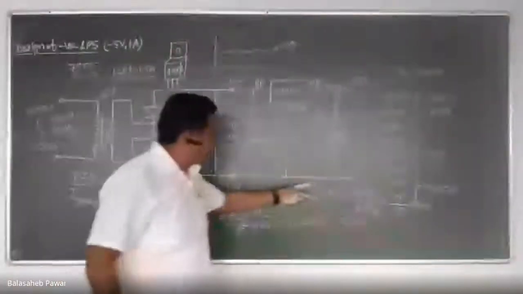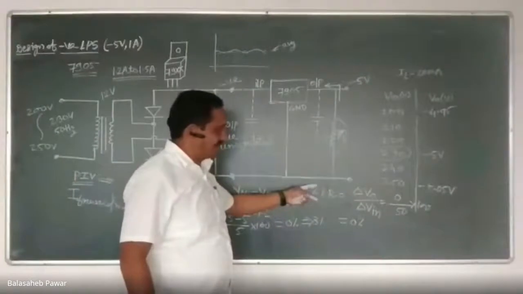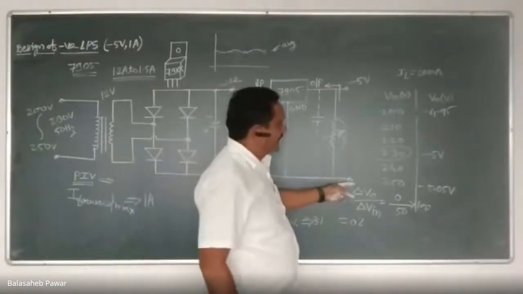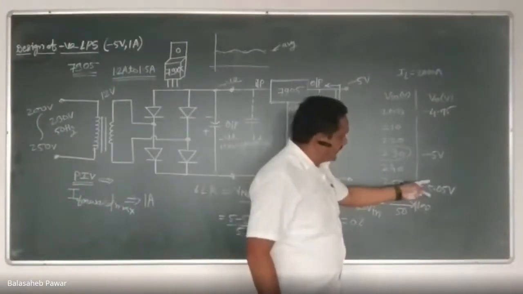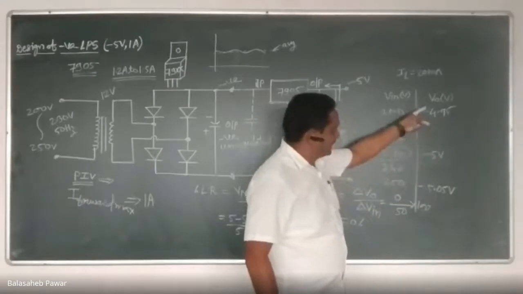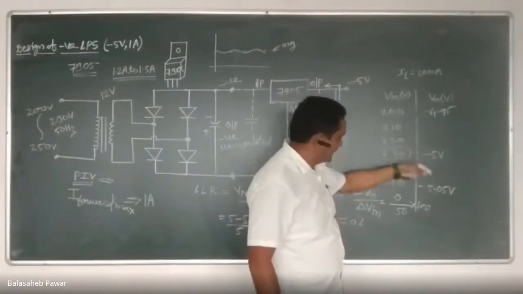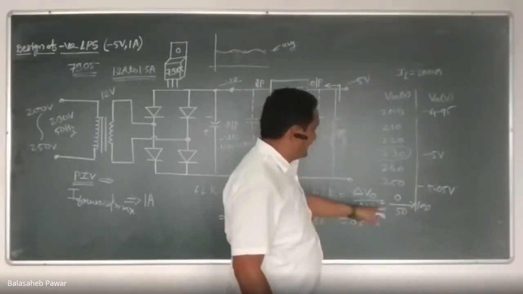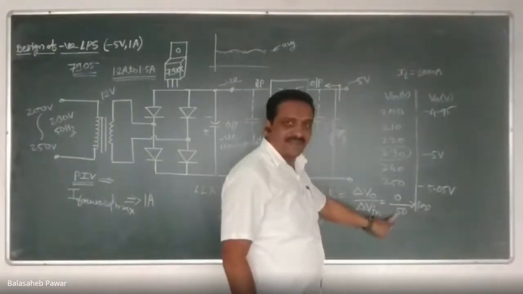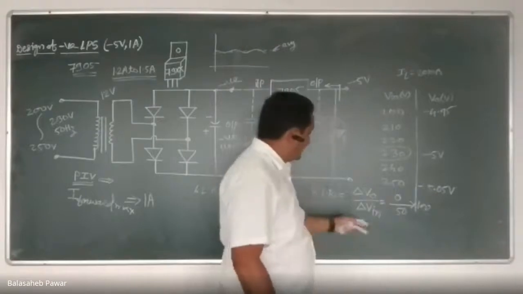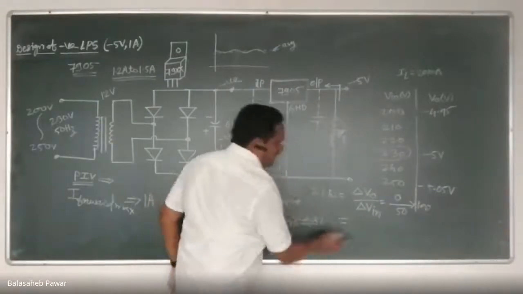Yes, sir. Okay. So try to find the percentage line regulation in this case. How much is delta VO? Delta VO is 5.05 minus 4.95, am I right? So take that difference divided by delta V in. Delta V in is 50, correct? And into 100, you will get the answer. And this is the practical case.